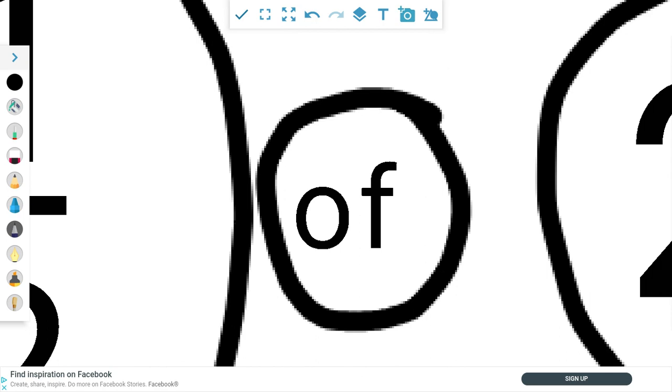But other examples are like trying to describe where your friend lives. He lives in the state of, let's say, Nebraska, or he lives in the province of this, that. And when you are saying of, you are describing what the state name is.